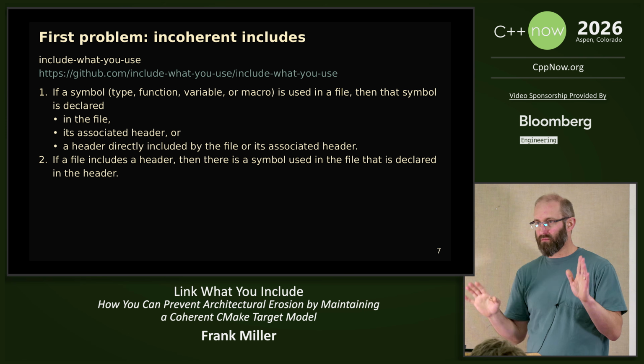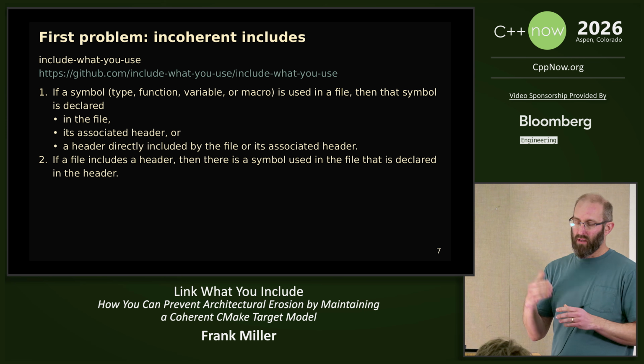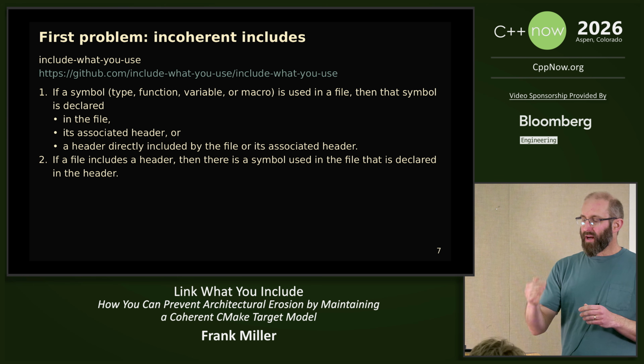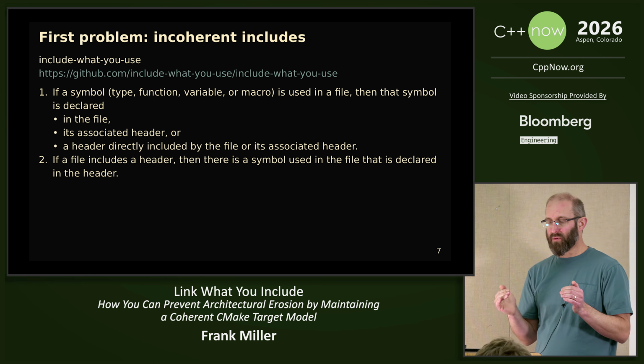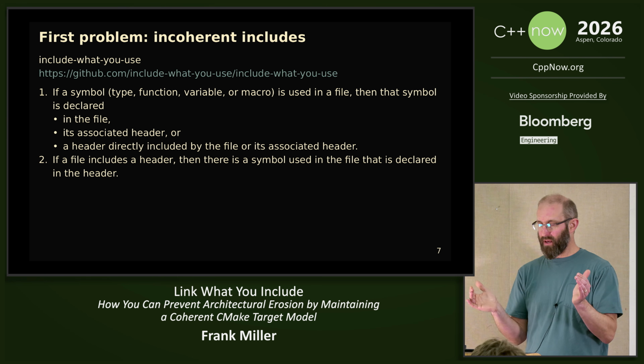It's scanning your code with a Clang-based view of everything, and it's finding the symbols, and what I mean by symbols is a type or a function, a variable or a macro, like anything with a name.